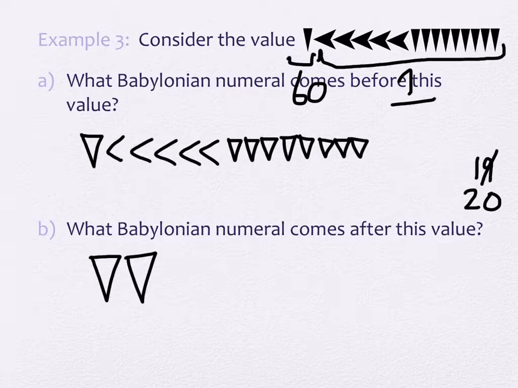And already you should notice this is a problem. Do you notice what the problem is? There's 2 triangles. That's not a problem just yet, but how do you know if it's 1 or 60? There's nothing for me to put right here that's a 0. We have a 0. They didn't. How, when I look at this number, do I know that this is supposed to be 2 60s and not 2 1s?